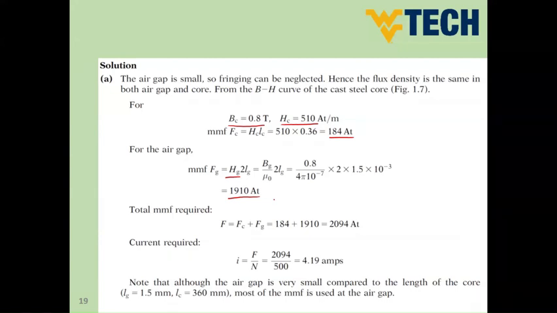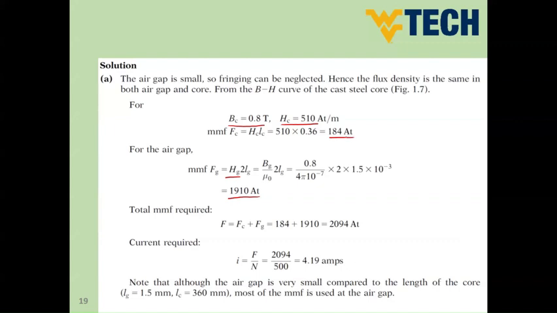Now, guys, before we continue and get the current, we need to sense the meaning here. Can you see, guys, the amount of force needed in the core of 360 millimeter is 184 ampere turn.